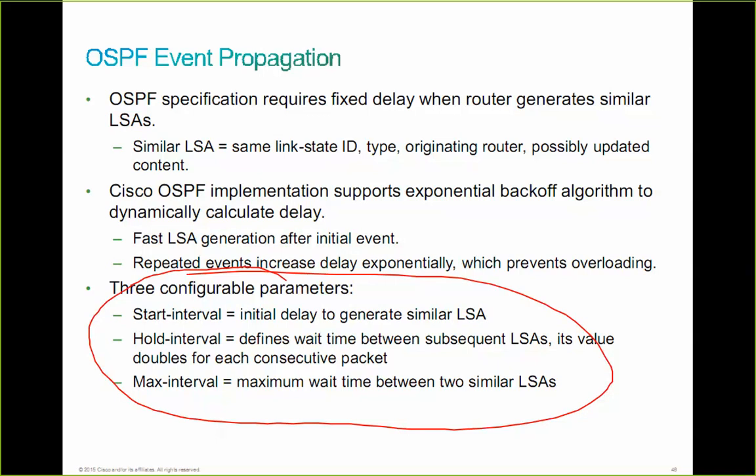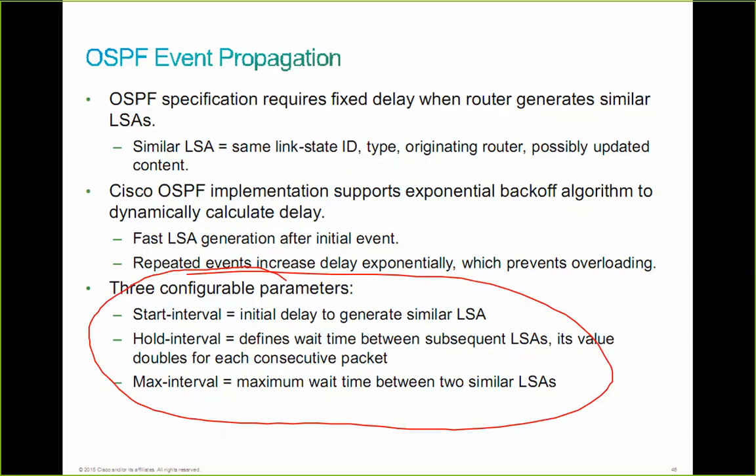All right? Now, the initial value is still configurable, and that can be set to a very low value. In fact, it wouldn't be a second. It might be as low as 1 millisecond or even 0 milliseconds. The default is actually now 0 milliseconds, which means it's basically like a triggered update. As soon as the update occurs, send it out.